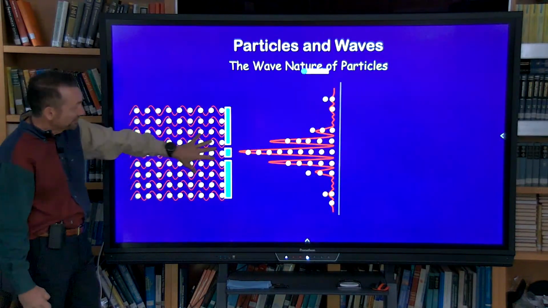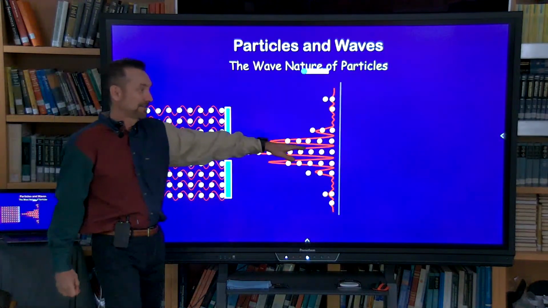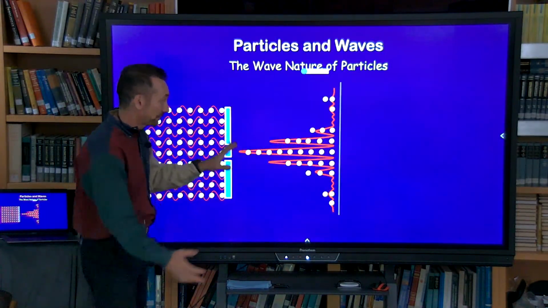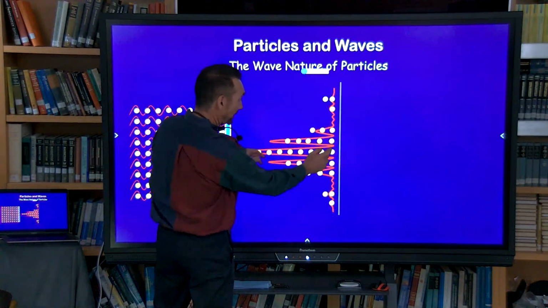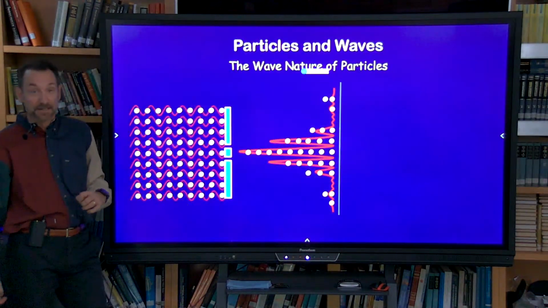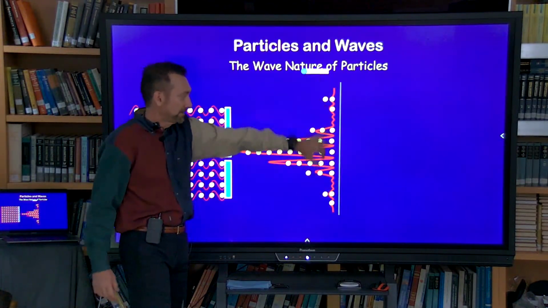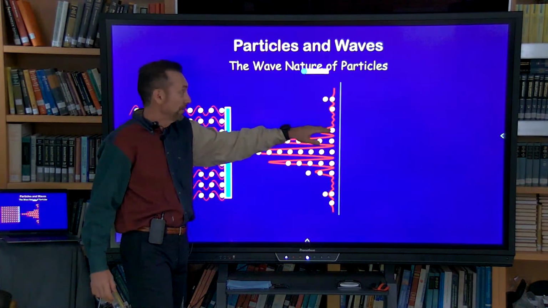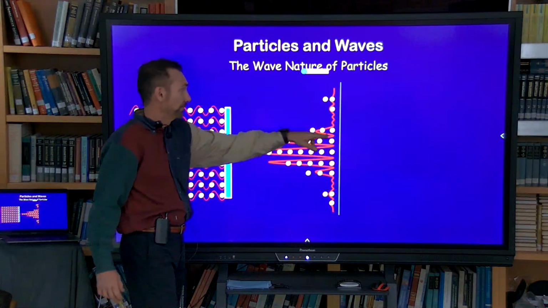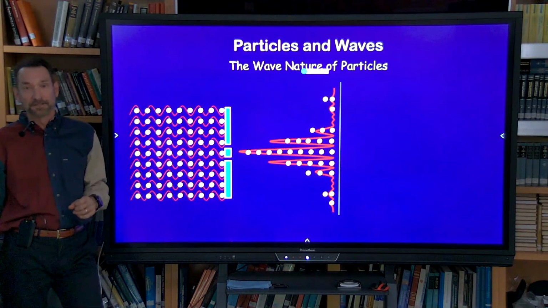But it turns out you can arrange this experiment and do it with electrons, and you get an interference pattern. Of course, when you're doing it with electrons, you don't see the dots. You see this bright and dark series. You have to have a detector here that detects the beam of electrons. So bright spot on your detector, low, dark, bright, dark, when you do it with electrons.